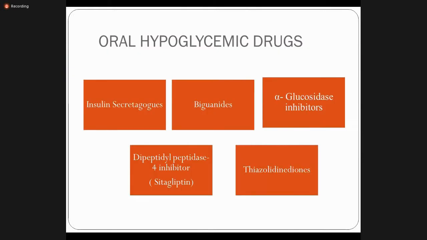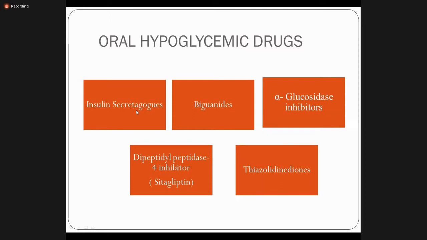Okay, so these are the main groups of oral hypoglycemic drugs, and number one is insulin secretagogues. That means the drugs included in this group are going to enhance or stimulate the release of insulin. So that is why they are labeled as insulin secretagogues.